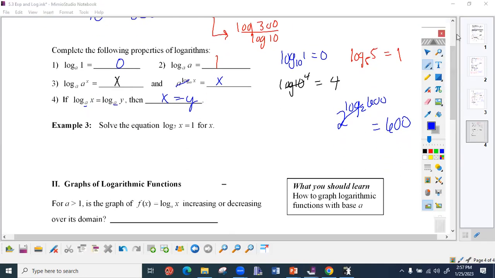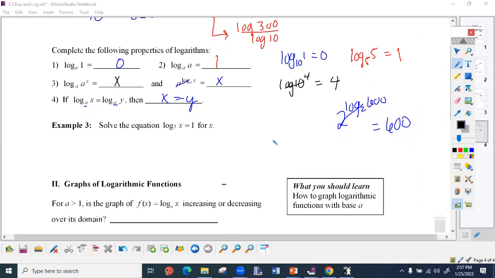So for example, if we had log base 6 of x plus 1 equals log base 6 of 4, notice that the bases of the logs are the same. So all you're doing is taking your arguments and setting them equal to each other. So x plus 1 equals 4. So what is x? 3.